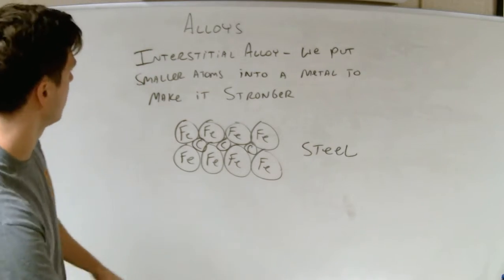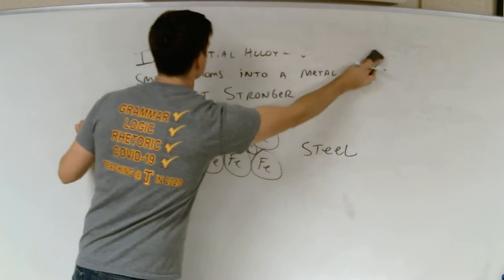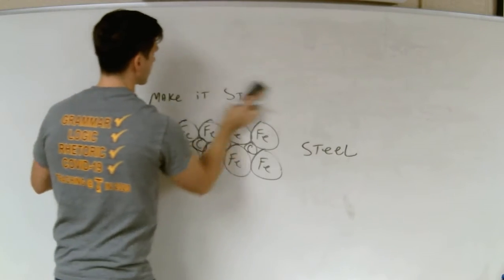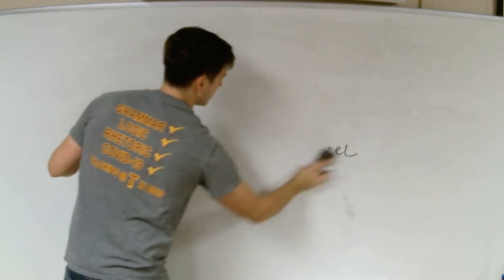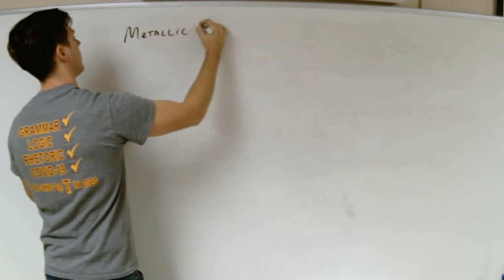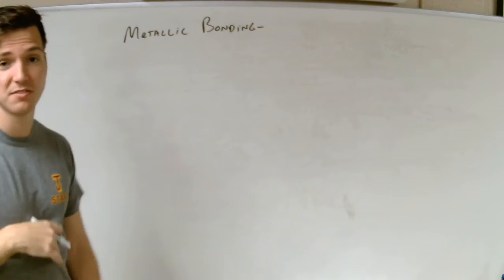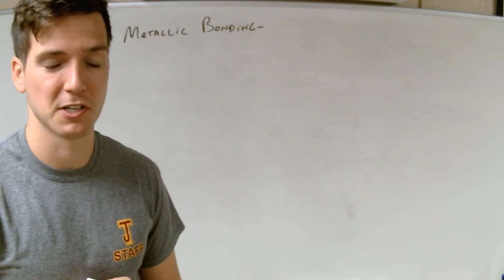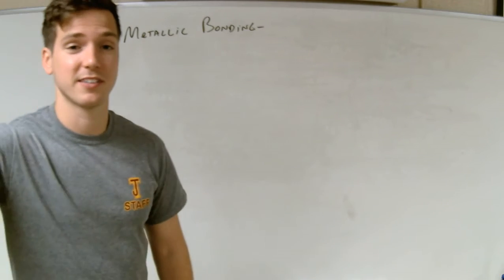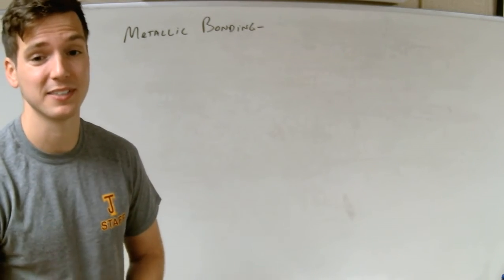One last thing I want to talk about, and that is metallic bonding. Science books love for you to know the definition of metallic bonding. State standards across the nation want you to know the definition. So here it is.